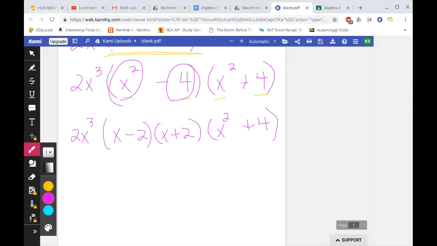I will tell you that this special pattern factoring appears quite frequently in Algebra 2 and pre-calc. So being able to recognize these differences of squares is very crucial.